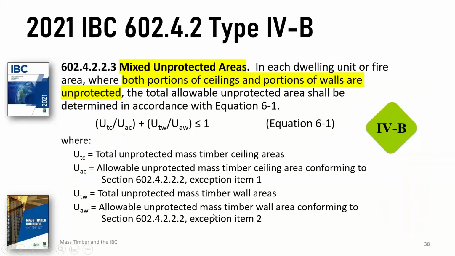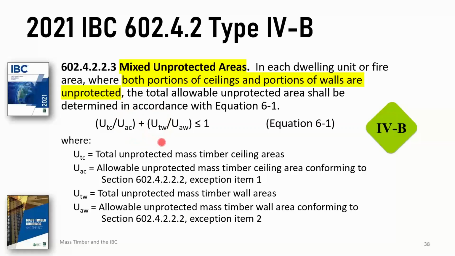It looks complicated, and I know you can't take the time to read through this probably. I'll just tell you this ratio right here. Let me get my highlighter back here. So this ratio right here is the actual amount of unprotected area on the ceiling over the allowable amount of unprotected area, the allowable area on the ceiling that could be unprotected.